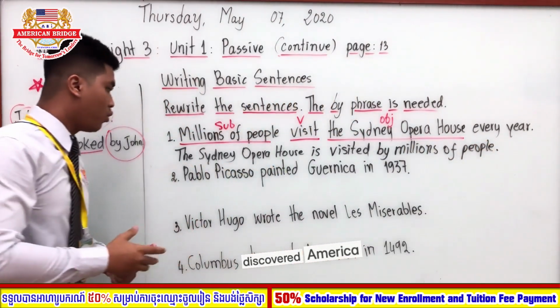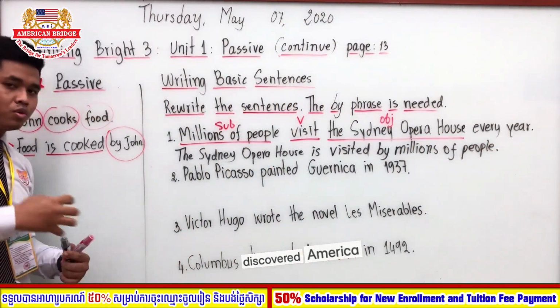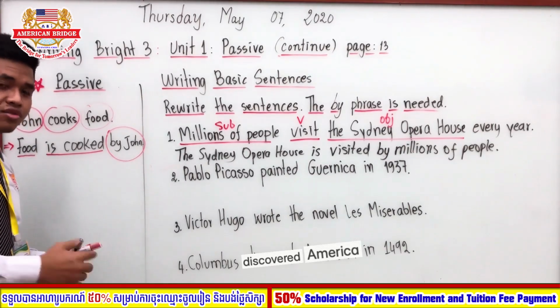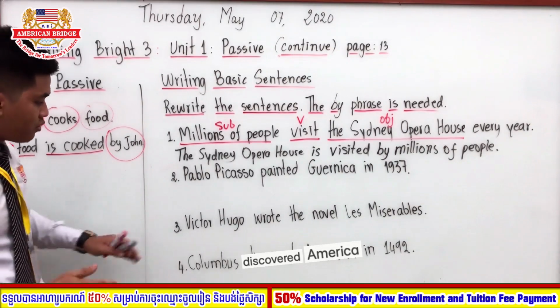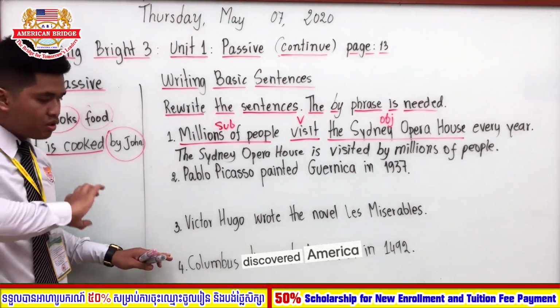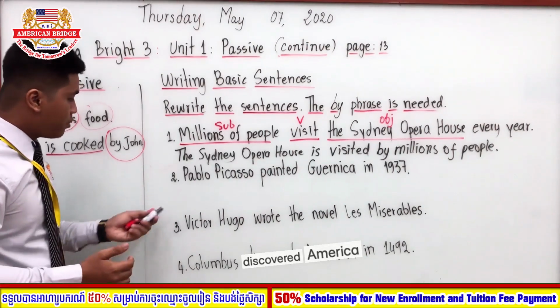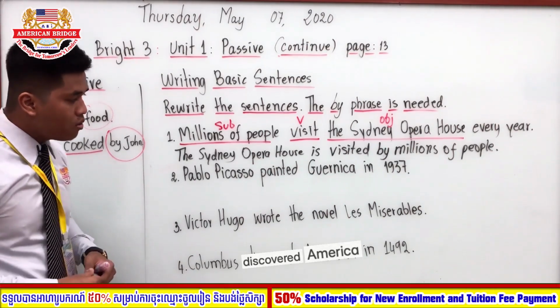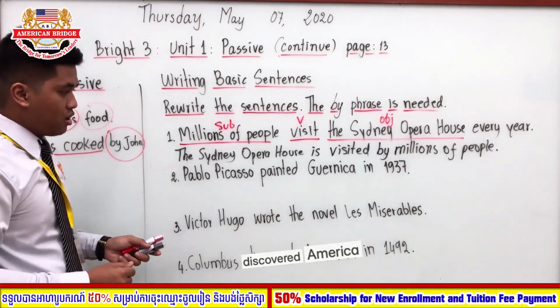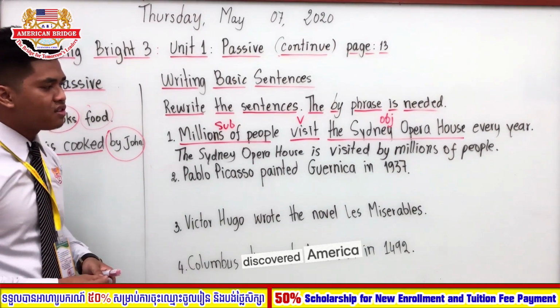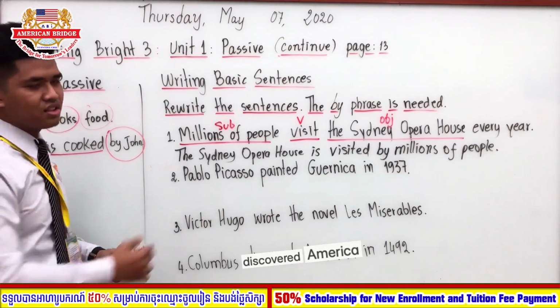Good. The second one, I hope you have some idea of how to do this exercise. So let's try the second one. After we finish the third one, you will be clear how to do it by yourself. It's very easy. Number 2: Pablo Picasso painted Guernica in 1937.